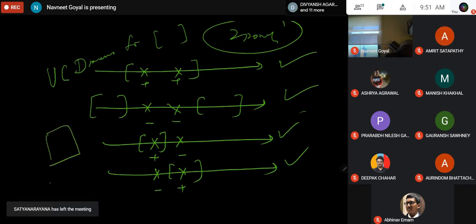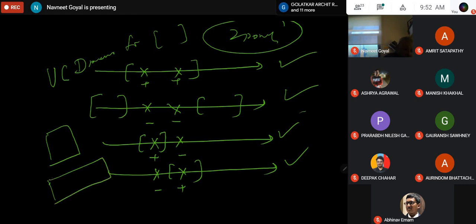Again, these boxes are not necessarily square. They can be of any shape, rectangles also, and in any number of dimensions. Right now, for simplicity, we are taking only one-dimensional cases. For the box, you'll have to take two-dimensional points.